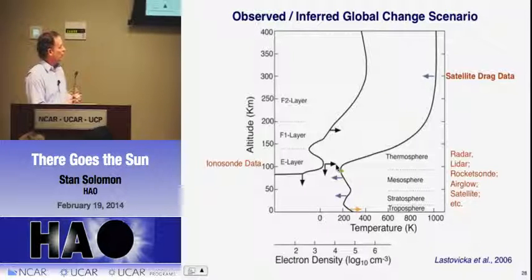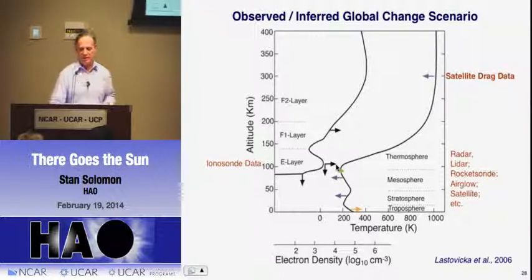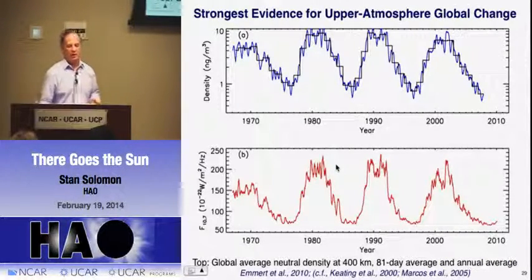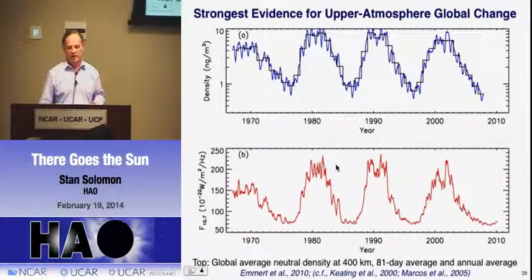The two things we know for sure on this plot are that the troposphere is warming and the thermosphere is cooling. And the reason we know the thermosphere is cooling is because of the satellite drag data. Now, I showed you all that solar cycle variability. How could I possibly know, in the face of order-of-magnitude solar cycle variability, that the thermosphere is steadily decreasing in density?